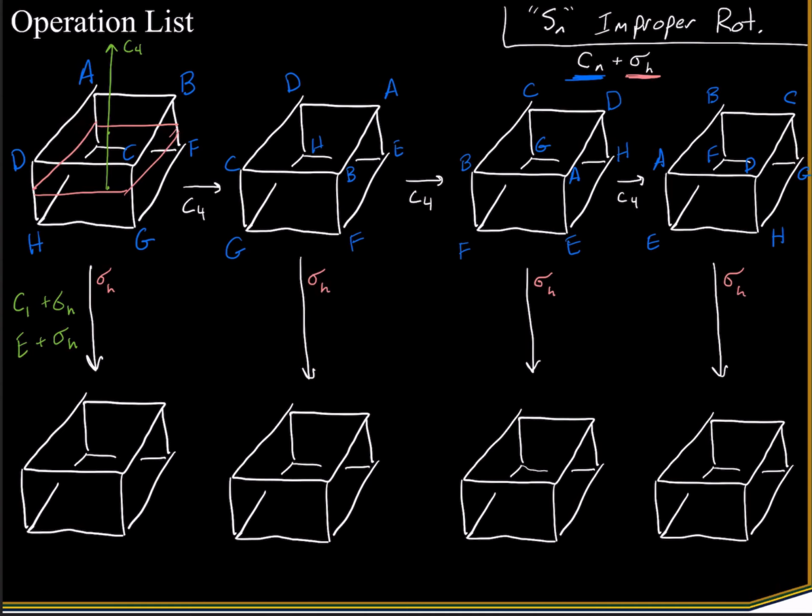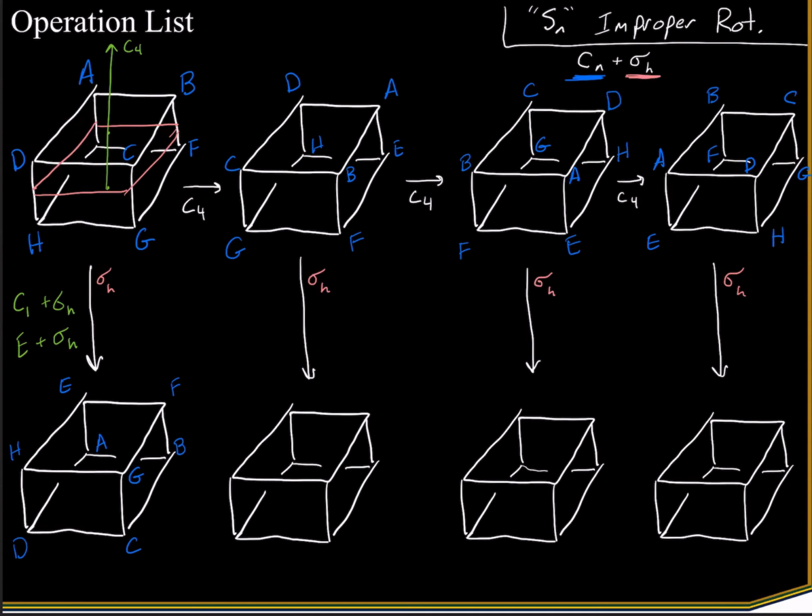And so these are just the horizontal mirror plane, right? So this is not a new operation. This is the same as the horizontal mirror plane that we already have described. And so if we're going to go ahead and look at what happens here, we end up with E and A switching places, F and B. So we can go ahead and fill this out straight around the box, right?